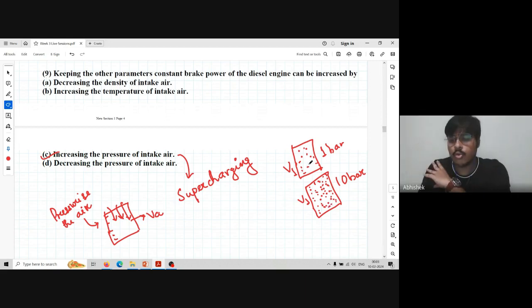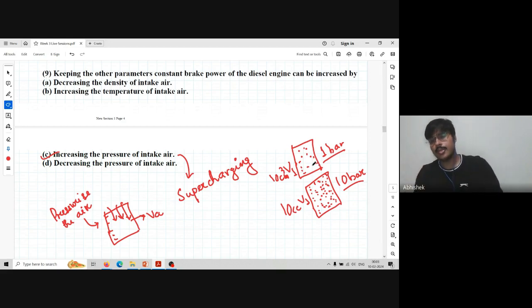There are two volumes, V1, both the same volume. Let us say 10 cubic centimeter, a 10 cc engine. One is at pressure 1 bar, one is at pressure 10 bar. In which case the amount of gas present in that cylinder will be higher?